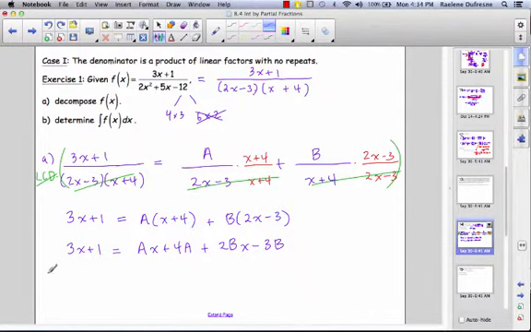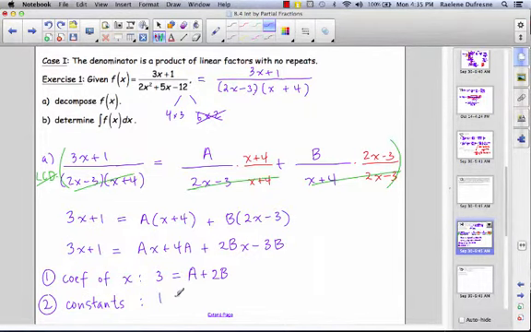From here we can say that one equation comes from the coefficients of the linear terms, namely on the left 3 must be equal to A plus 2B. And the second equation must be that the constants on the right and on the left are equal. In other words, that 1 is equal to 4A minus 3B. And then we have a system of two equations we can solve by elimination or by substitution.